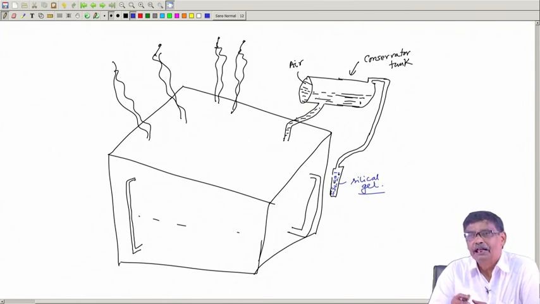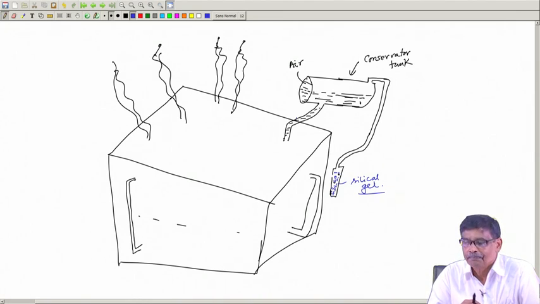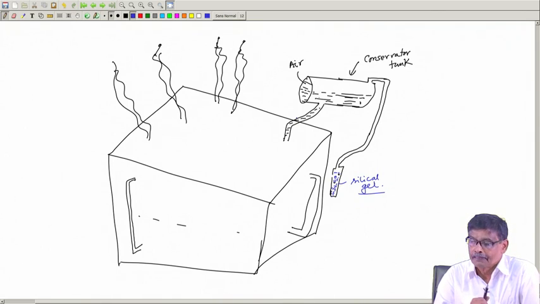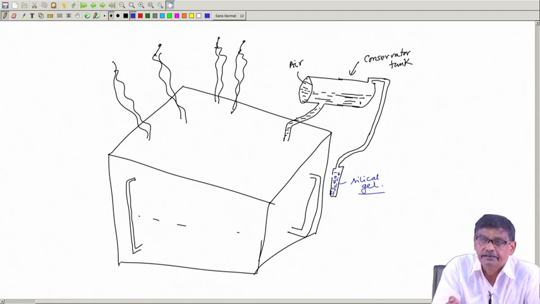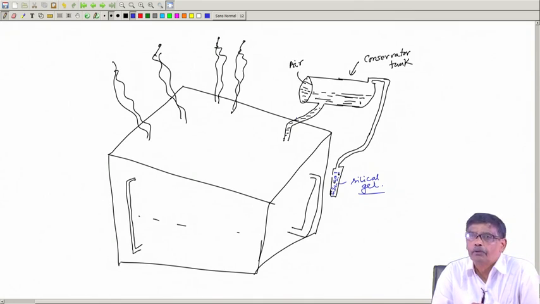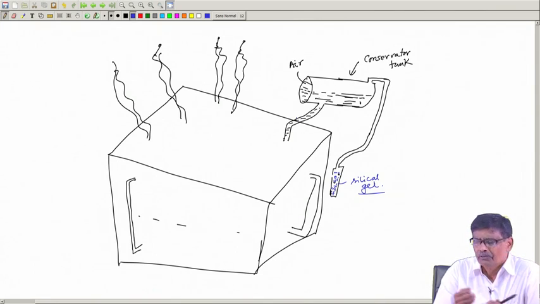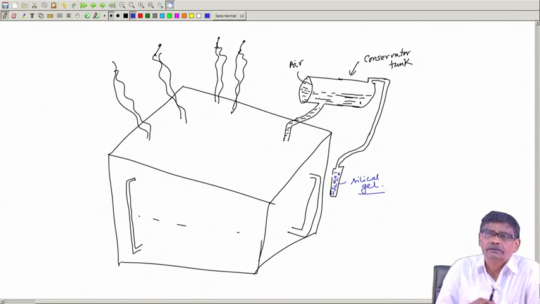That is, the transformer is also breathing as a human being breathes, depending upon the degree of loading. And this atmospheric air, if it contains moisture, that moisture will be sucked in and it will get in touch with the oil, and therefore, oil property will drastically deteriorate. It will form sludge, it will become thicker, and its dielectric property will also decrease.